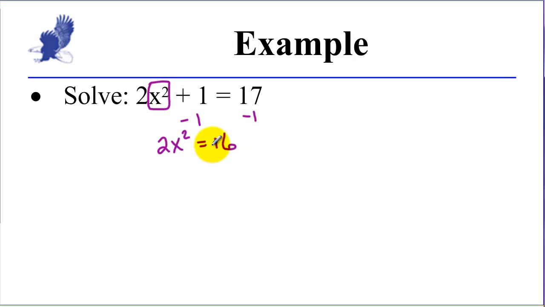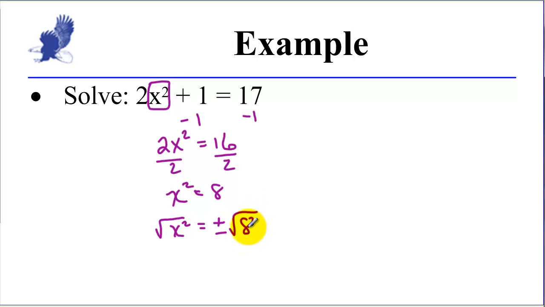Now a common mistake would be to take the square root of both sides, but if we do that, this is not a perfect square, so we can't take the square root. So we want to get the x squared by itself, so we're going to divide by 2. And we have x squared equals 8. Now we're going to take the square root of both sides, and we need to take both the positive and the negative square root of 8.